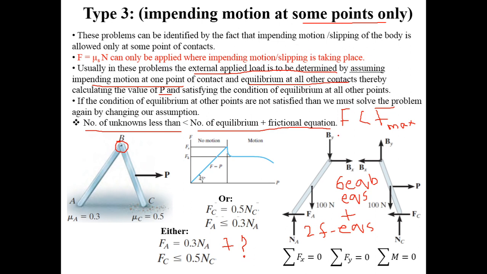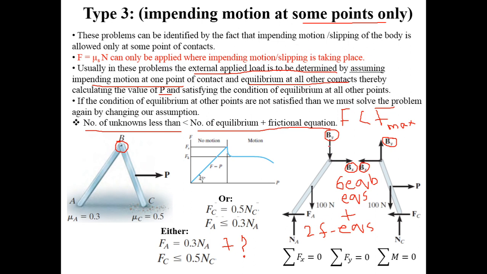Again, please remember that this By and this By are basically the same thing. Okay, they are not two different unknowns. Similarly, this Bx and this Bx is the same thing.